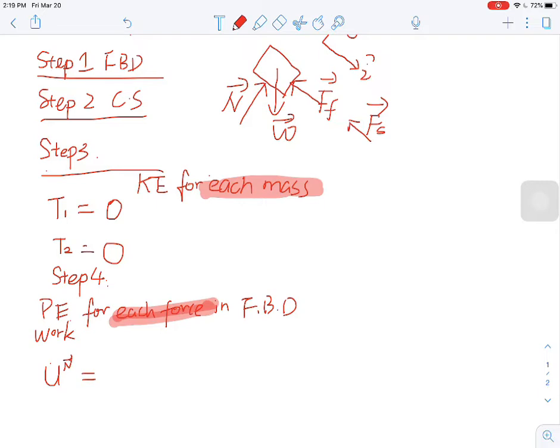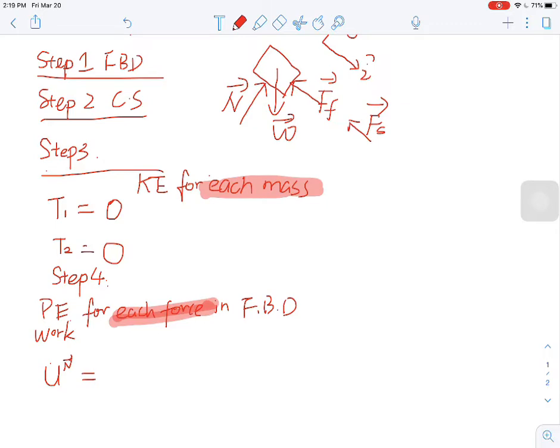You can just type the numbers in the chat. Does anybody know? Yes, it would be 0. That's correct. There's no work being done by the normal force.